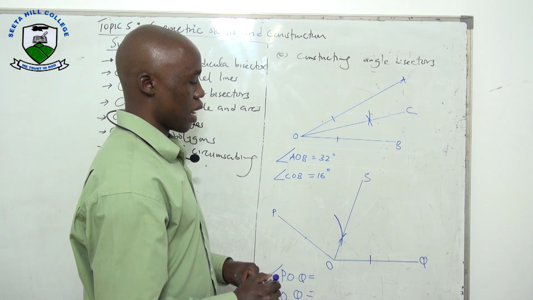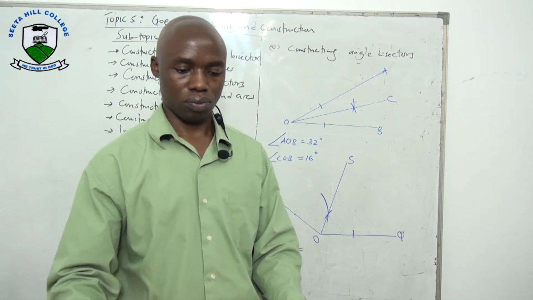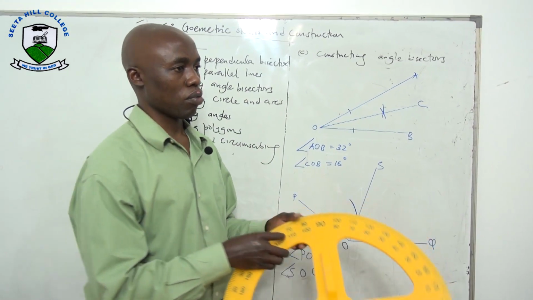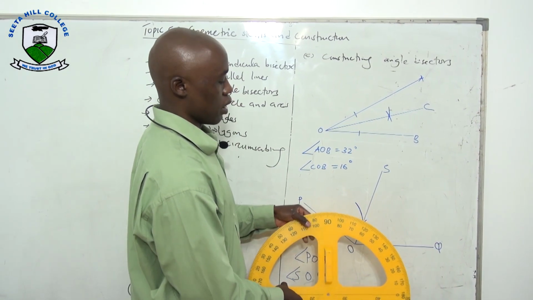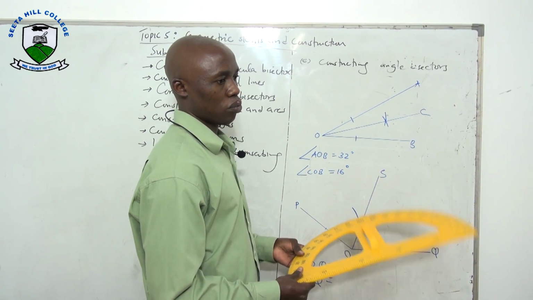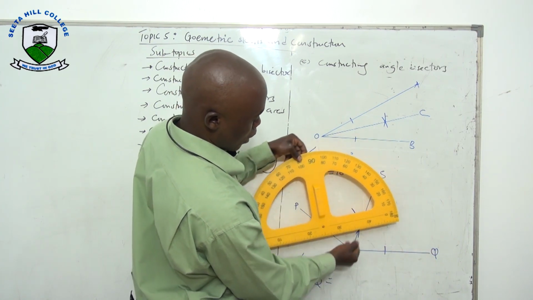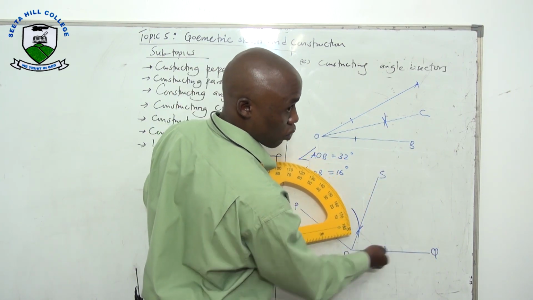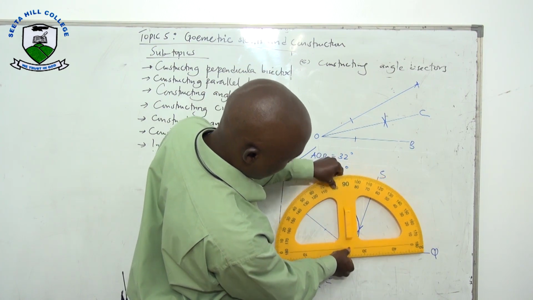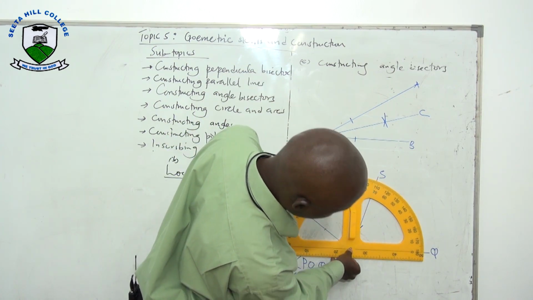How shall we measure this angle? Again, you see the protractor, this line must lie along. Then this middle must be there. Not so?